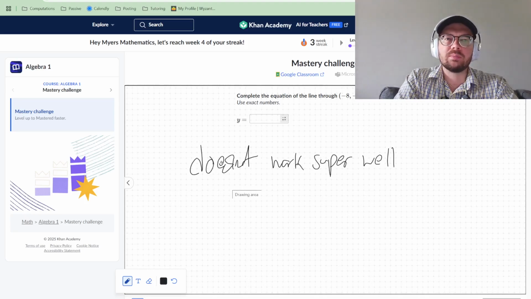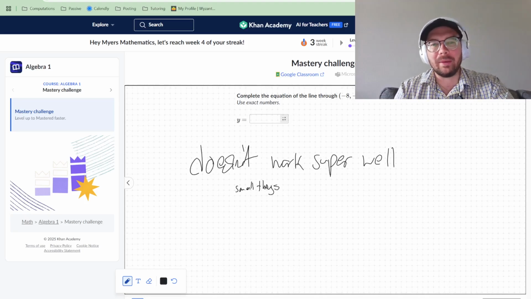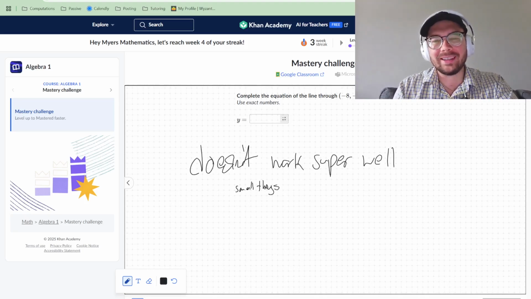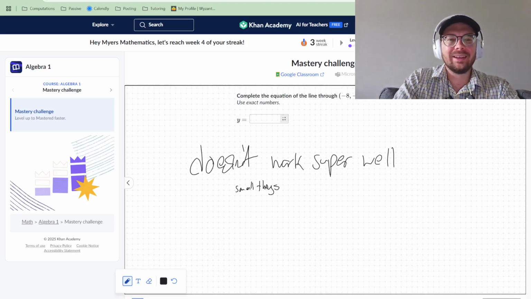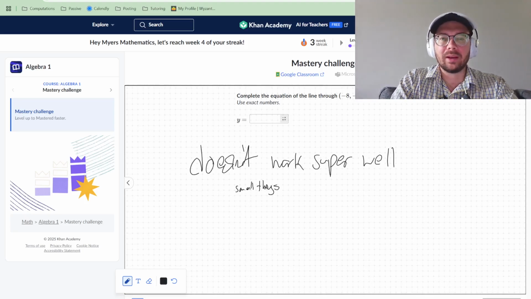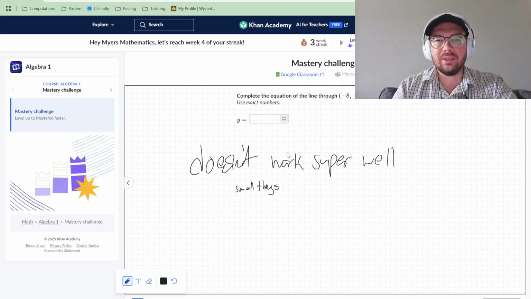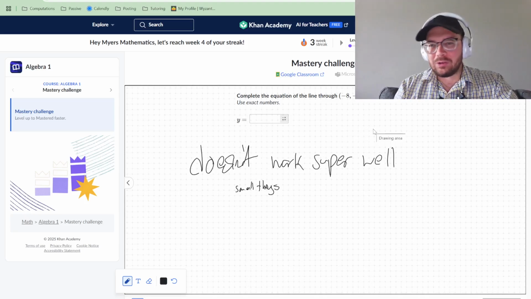If you try to draw small things, it doesn't like to draw small things. Okay, so I guess it's working. It's working better today than it normally would, because of course, that's how that goes. It always works fine when you're trying to make it not work.